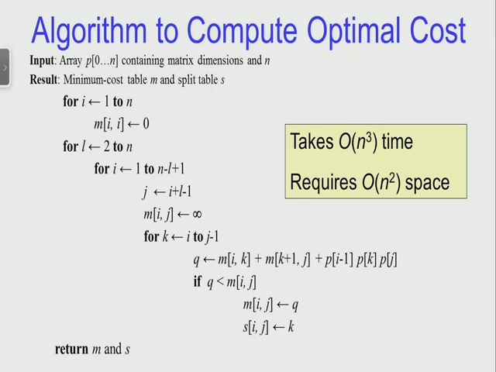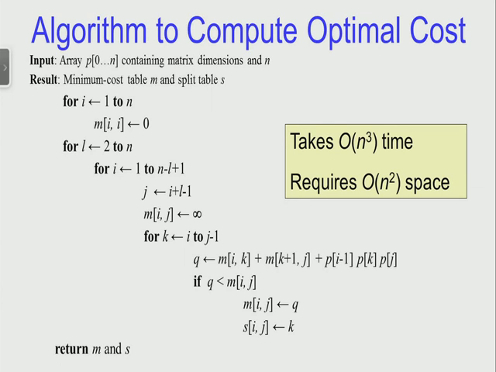Observe that there are n minus 1 diagonals apart from the principal diagonal of the matrices. The outer loop iterates over the diagonals of the matrix. The outer for loop, which is indexed by the variable L, iterates over the diagonals.